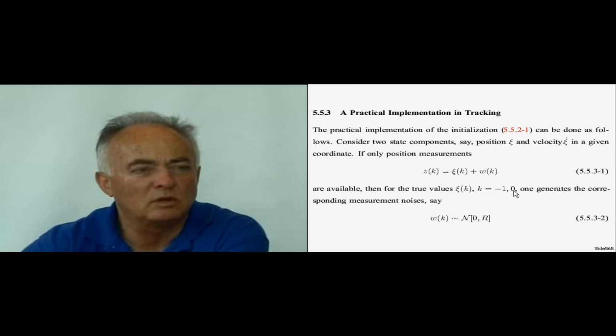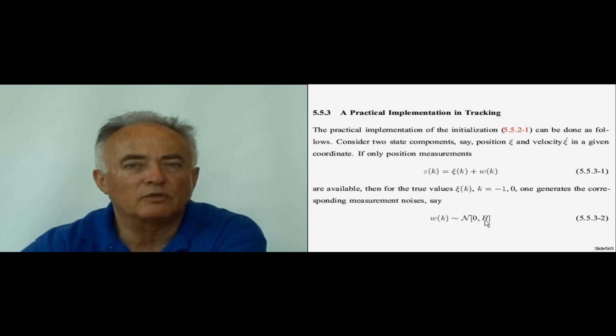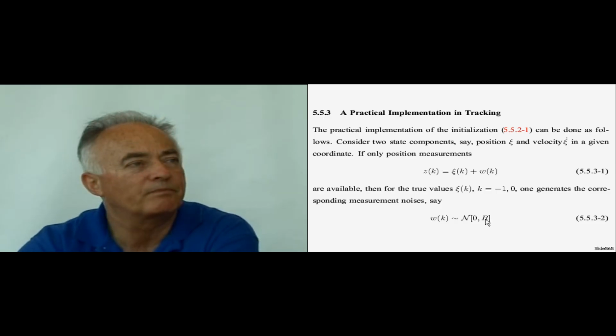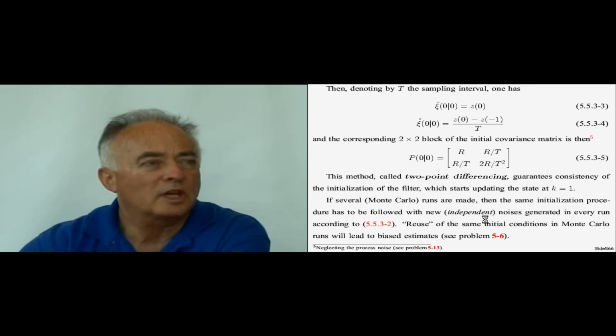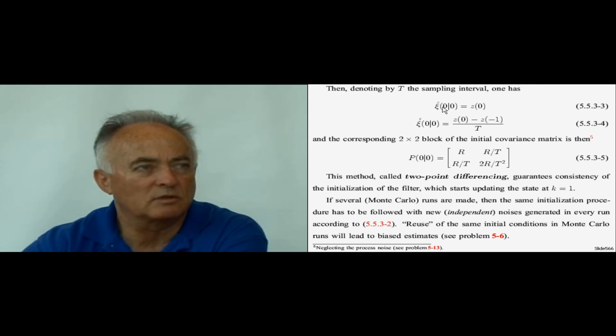You have two consecutive position measurements, one at time 0, one before at time -1, and we have these noises, w k, Gaussian, zero mean, as if the sensor gives us the first two noises with its covariance, whatever that is, R. Now, we can designate the initial state estimate psi hat 0|0 as the first measurement.